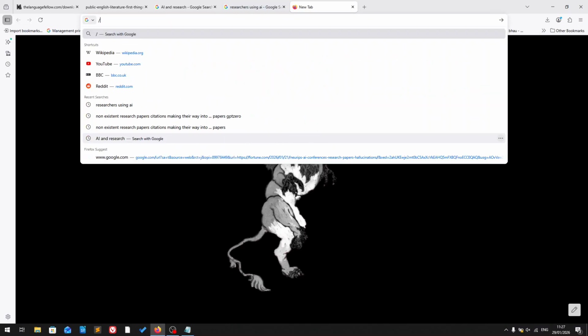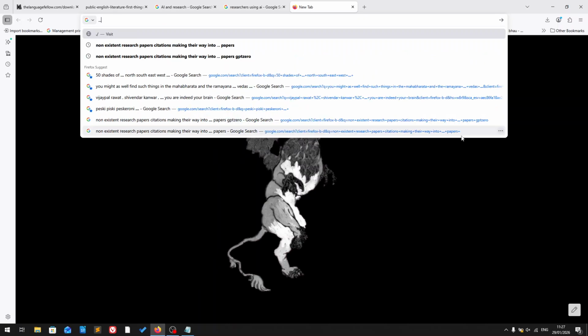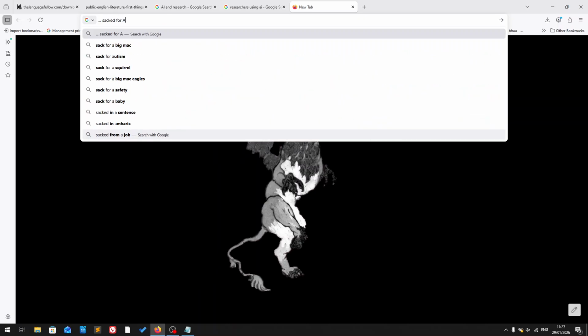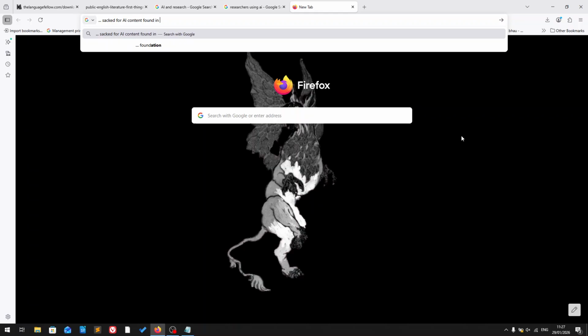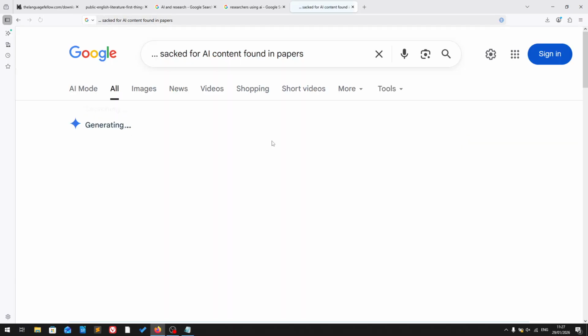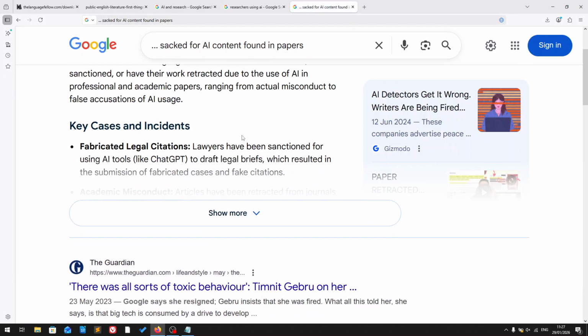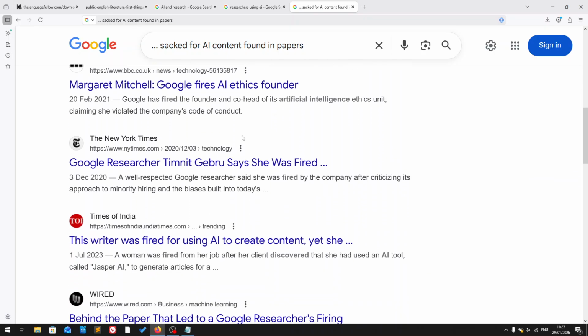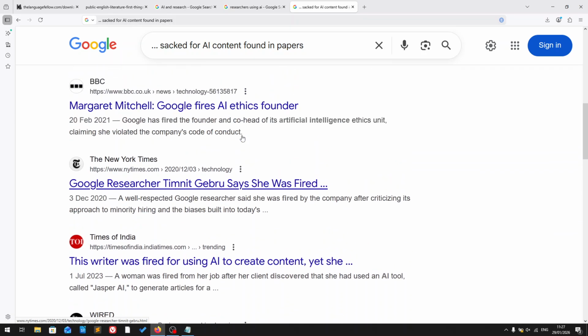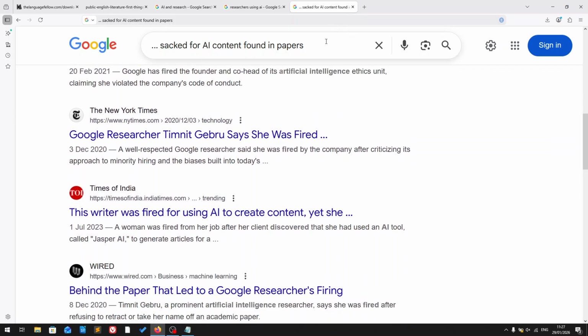So there was this SAGE study about AI content found in papers. That's recent news. So you can see that this is 2021. It's recent.